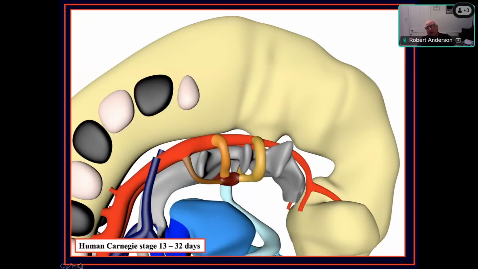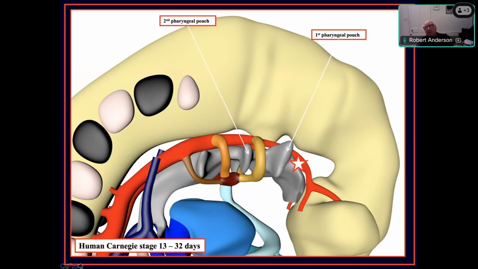Again, we're looking at the embryo from its right side. Those pebbles that you see to your left hand are the developing somites, and you will still recognize the first pharyngeal pouch. But in consequence of the remodeling that has taken place, we have lost the first arch artery.